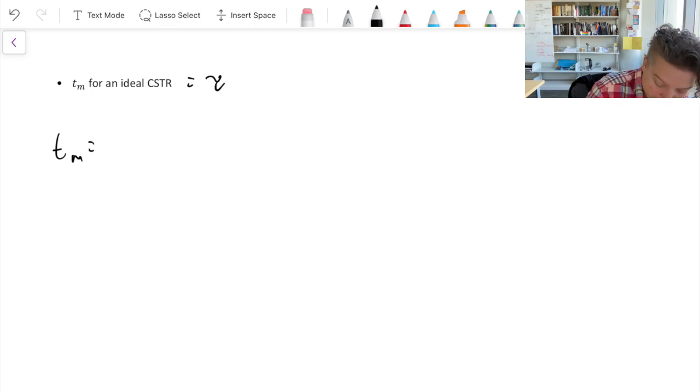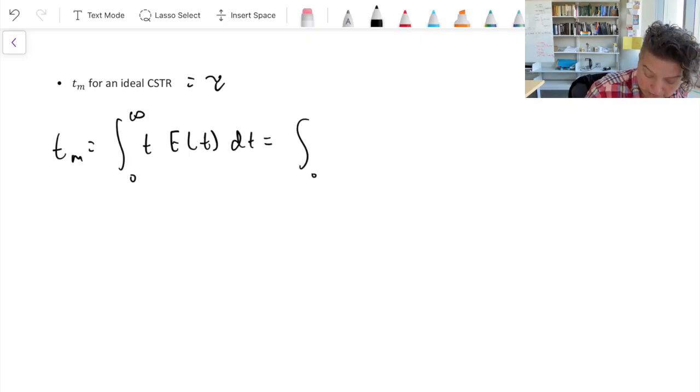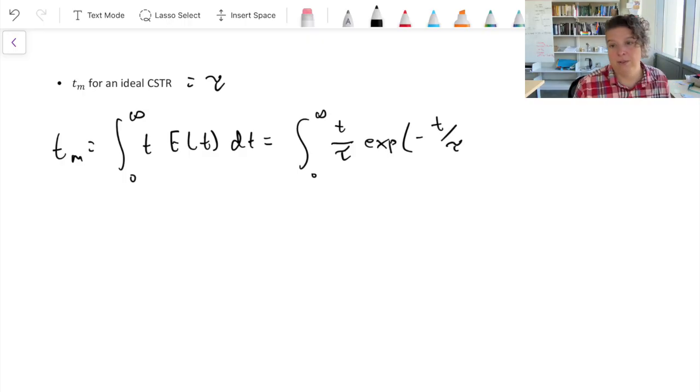That is going to be equal to the integral between 0 and infinity of t times E of t dt, which is going to be equal to the integral between 0 and infinity of t divided by tau exponential of negative t divided by tau. As you can see here, we could probably do this in terms of theta, but let's keep it in terms of t.